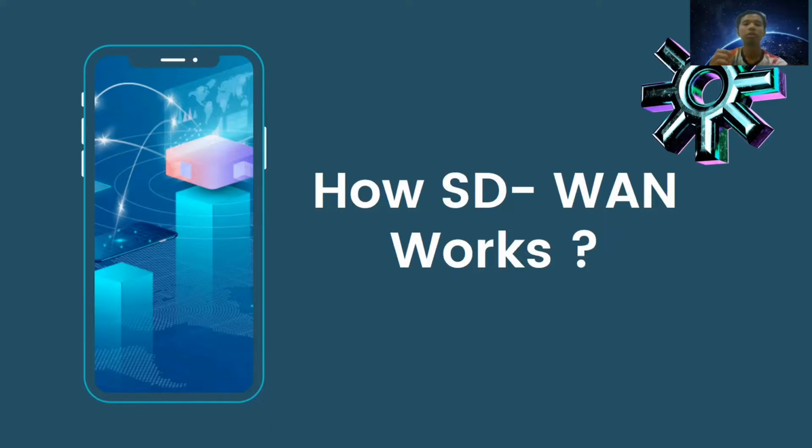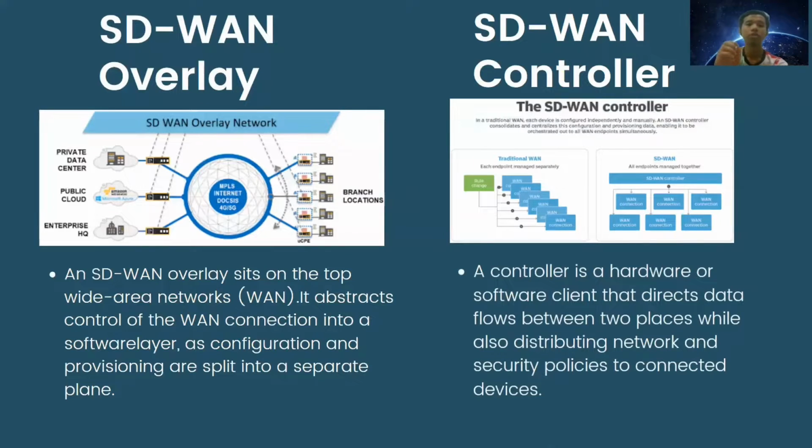So I will explain how SD-WAN works. SD-WAN consists of two parts: the overlay network and the controller. SD-WAN is created by connecting locations with encrypted tunnels called the overlay network.